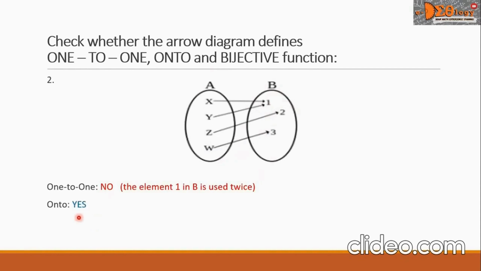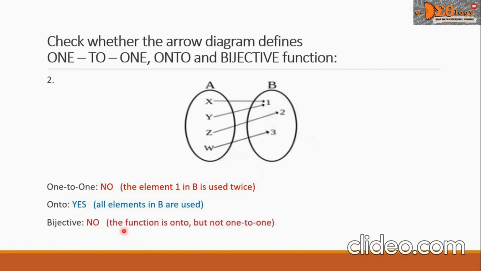The answer is yes, because all elements in B are used. Next, is the function bijective? The answer is no, because the function is onto but not 1-to-1. This is our final answer.